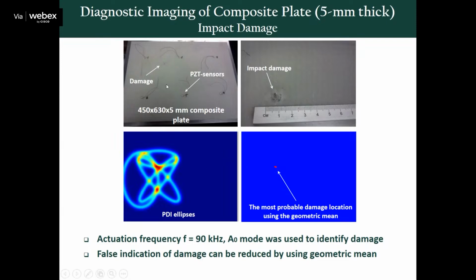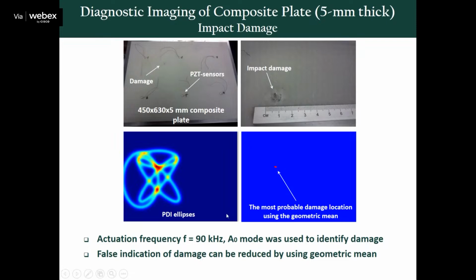For the entire plate here, you only have 6 PZT sensors, and by adding that up together, you will have the most possible location of the defect, shown here with the highest probability. With thresholding, you can get the most probable location using the geometric mean, which gives you a very accurate estimation of where the damage is.